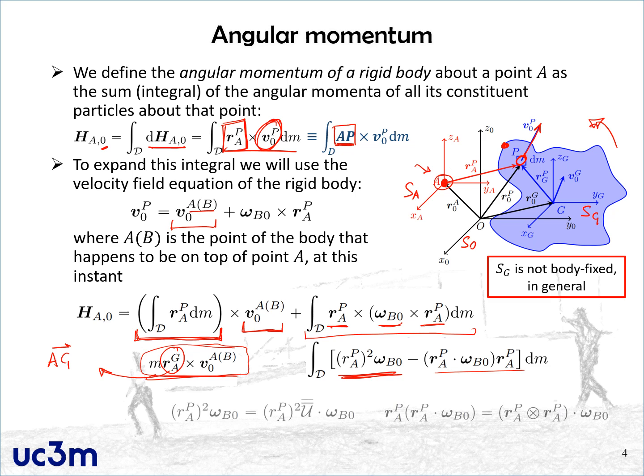So I can write that just like this. Perhaps now you see where I'm going: I'm involving tensors. The second term is a little bit more difficult, but hopefully you see that it doesn't matter if I place this here or here, it's exactly the same.